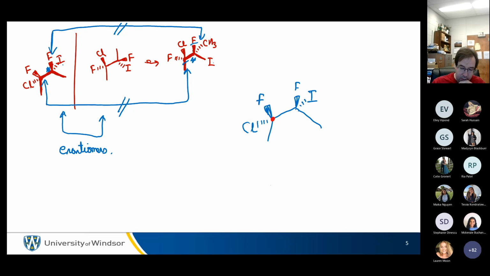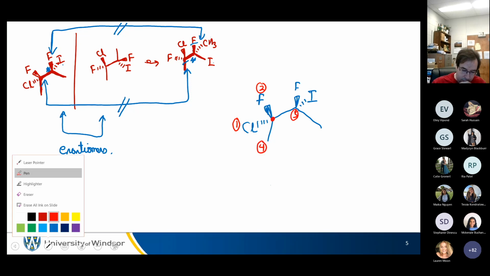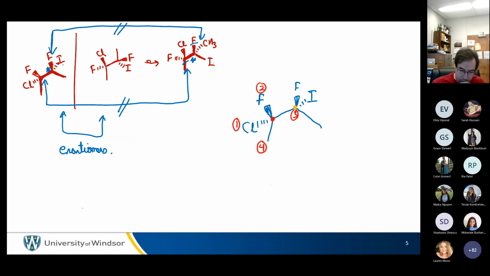So for that carbon, we do priority. That's how we do it.